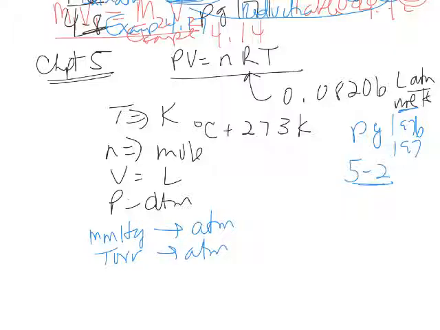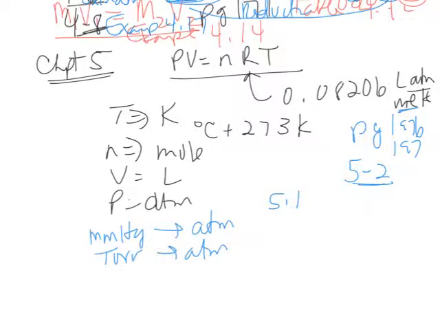So you have your table 5.1 right there, and you see 1 millimeter mercury equals 1 torr, 760 torr, okay? And also 760 millimeters of mercury equals 1 atmosphere. So you need to be able to go back and forth for that. So that's a conversion you're going to need to know. So know it.